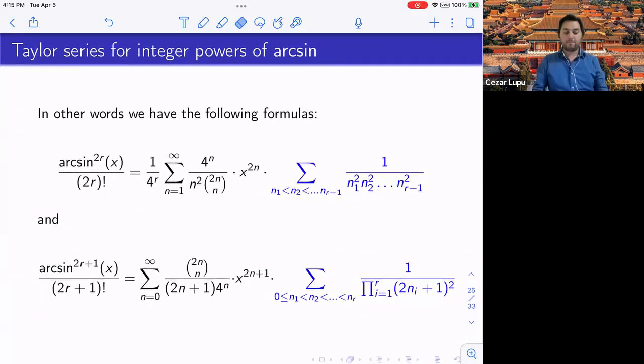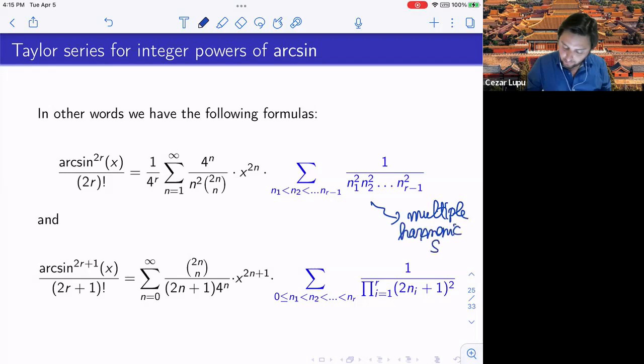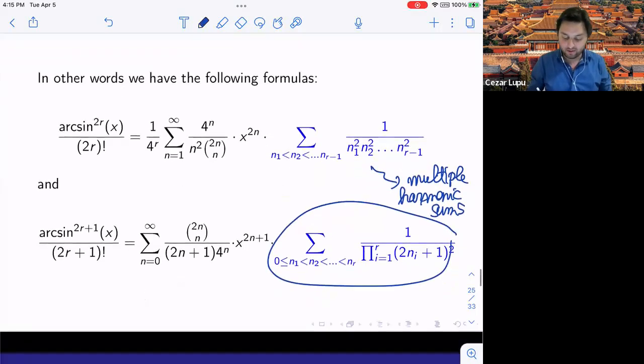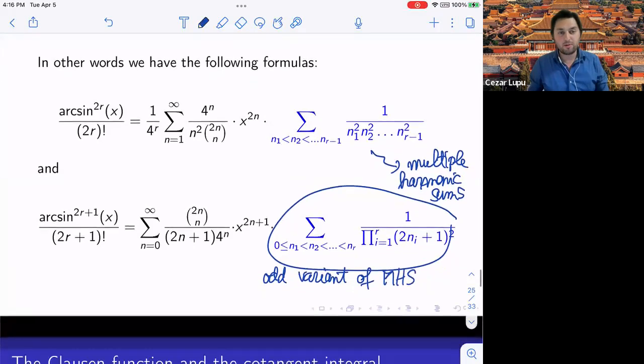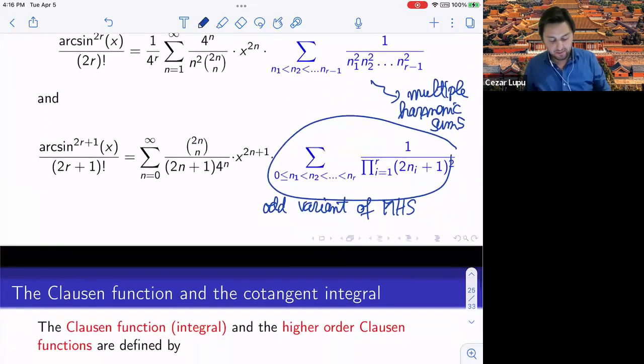So we can obtain the even powers, and as you can see here, we have the multiple harmonic sums. And here I will have the odd variant of multiple harmonic sums. So this will be my starting point, and the proof will be elementary.